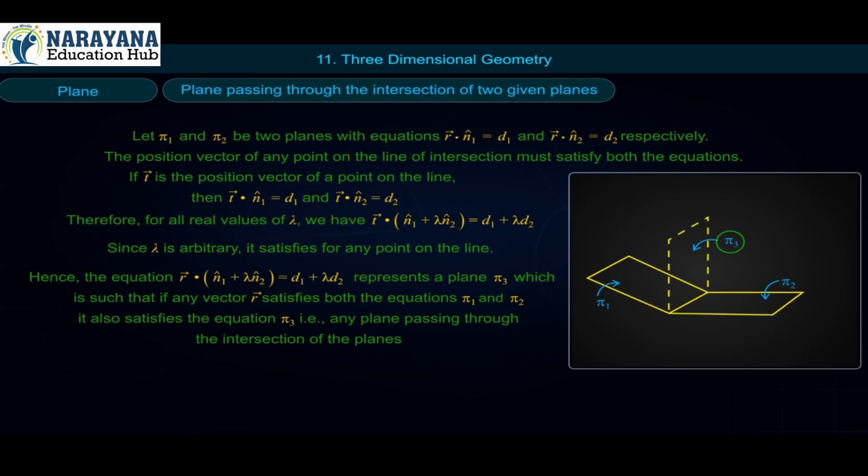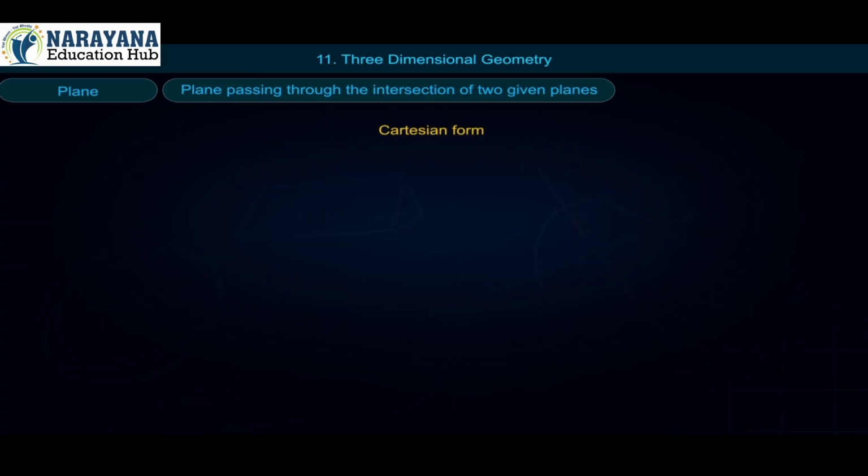That is, any plane passing through the intersection of the planes vector r · n1 cap = d1 and vector r · n2 cap = d2 has the equation vector r · (n1 cap + lambda n2 cap) = d1 + lambda d2, equation 1.